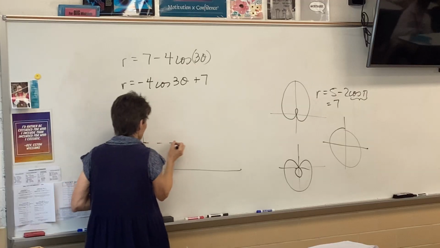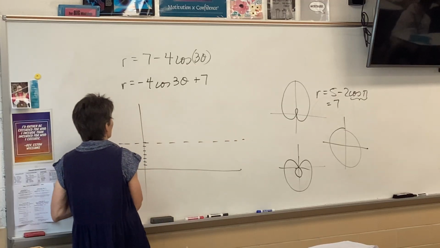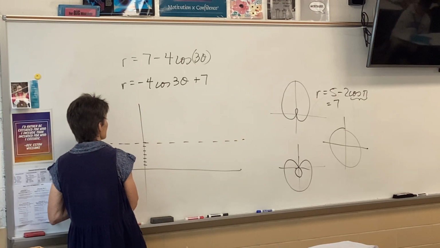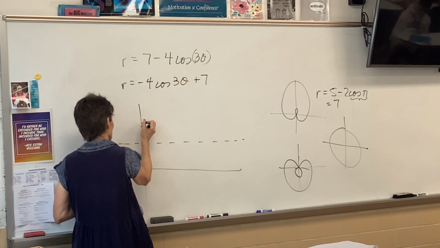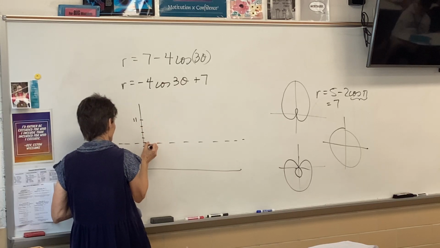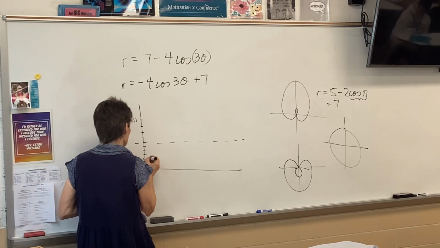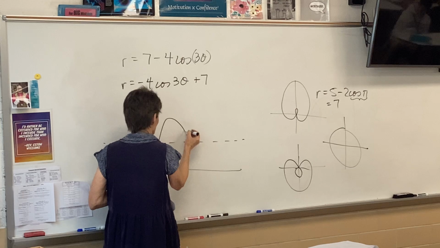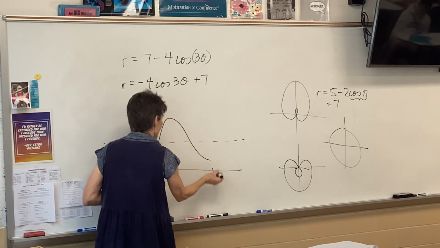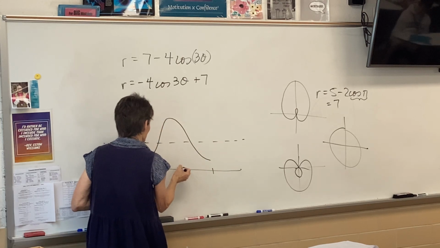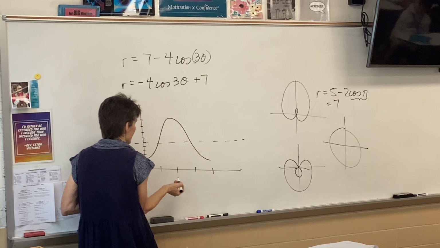There's my midline at 7. My amplitude is 4. There's 11. I'm in negative cosine with 3. Let's start down here. What are my labels here?